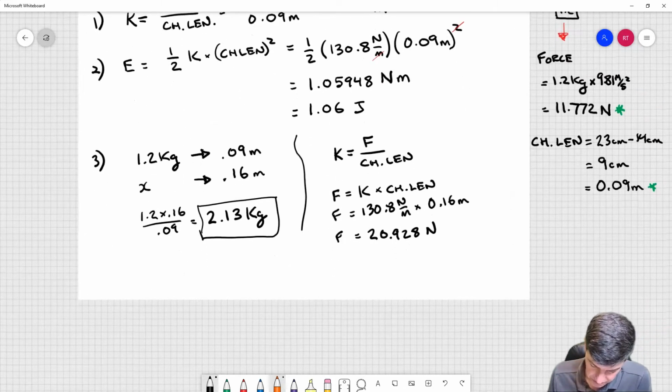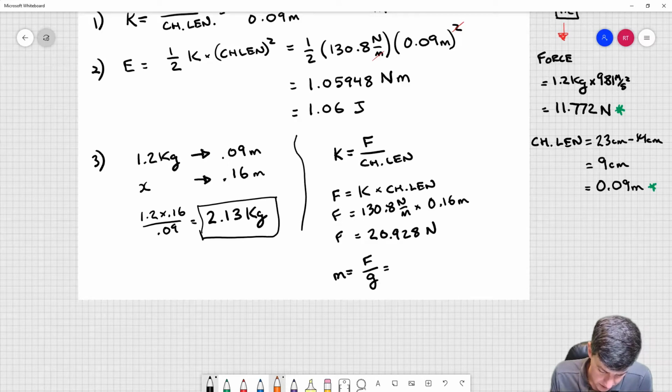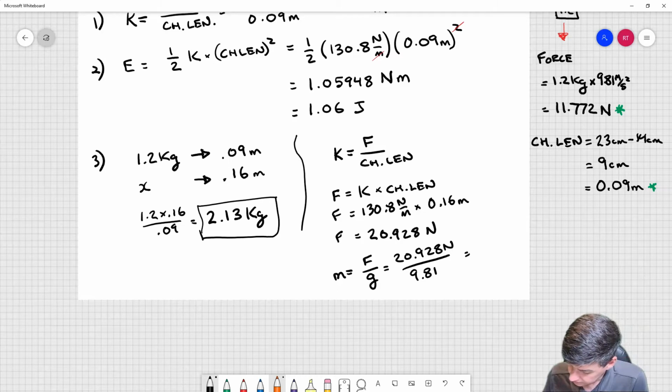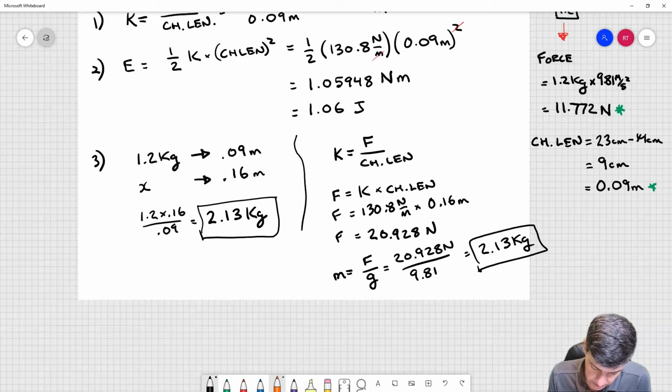But of course we have to be careful that we have gravity, so my mass is going to be equal to the force divided by gravity, 20.928 newtons divided by 9.81. 2.13 kilograms would be my answer. Okay, so a couple of approaches there if you have a question like that.